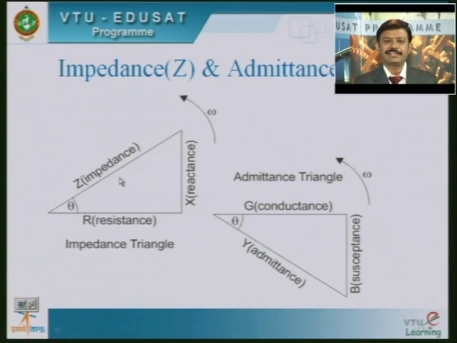If it is an inductive reactance, it will be XL square. And its reciprocal is taken here. Conductance is a reciprocal of resistance, admittance is a reciprocal of impedance, and susceptance is a reciprocal of reactance. So, this triangle is inverted here, and omega is the frequency.